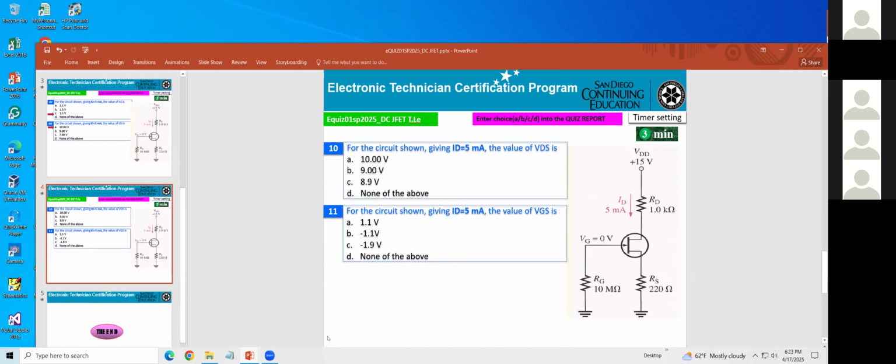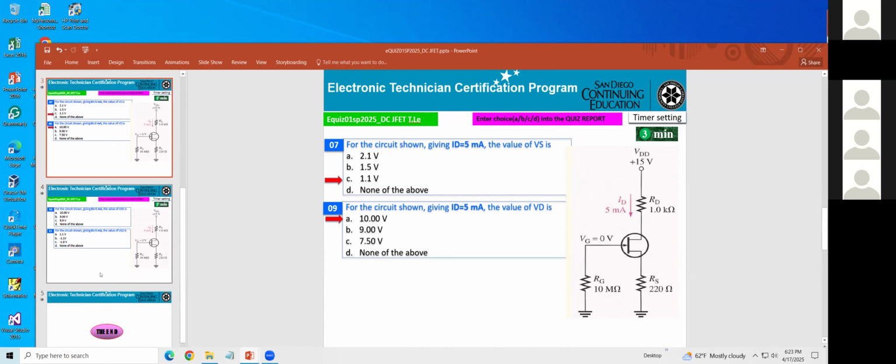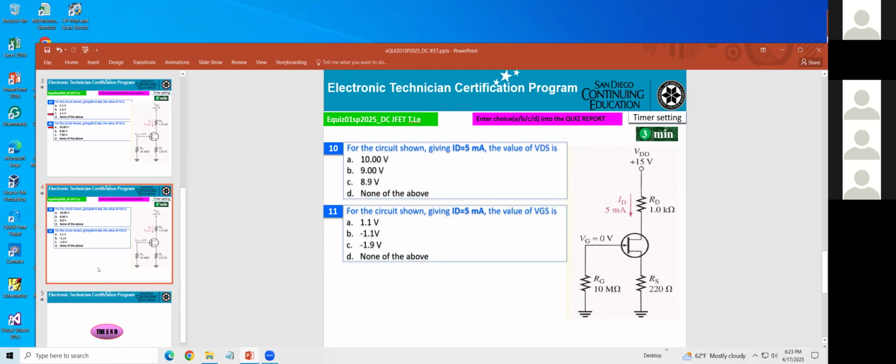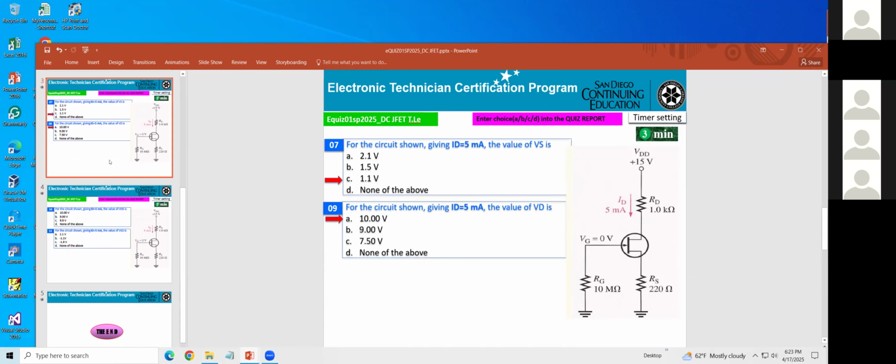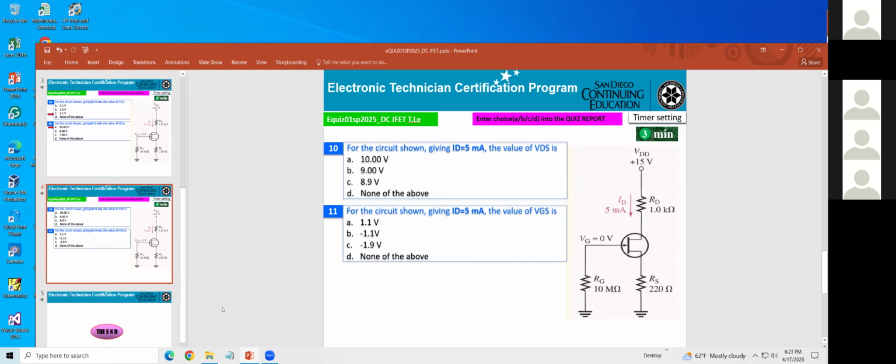The last part here. Okay? They want VDS and VGS.